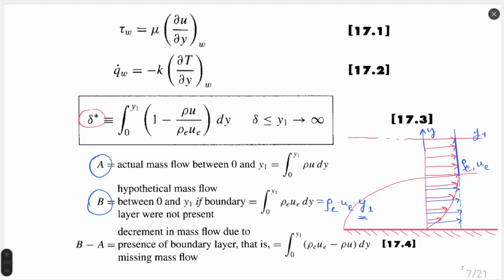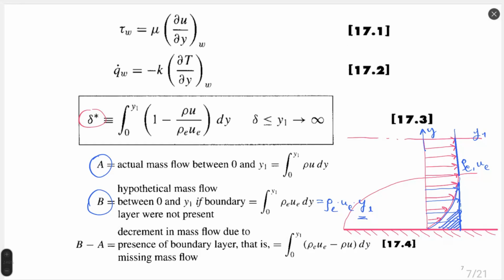Okay, this is our axis y. And this is A. Once we subtract B from A, we will obtain such a difference of mass flow rate, which we do not have, which we miss due to presence of a boundary layer. And this mass flow rate difference would be proportional to this area here.